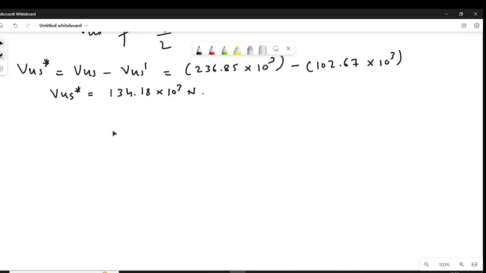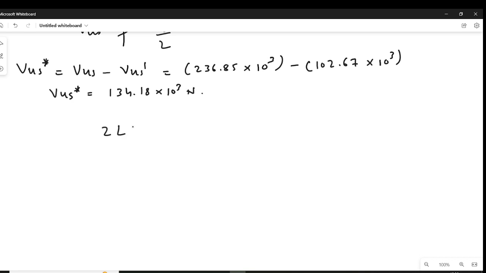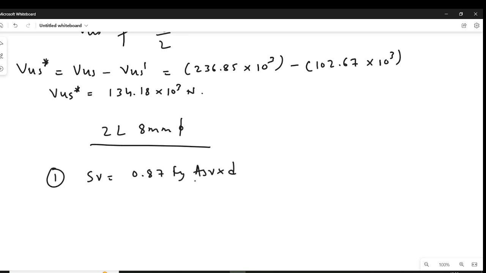Now we have to find the spacing of the vertical stirrups. For that, first we have to assume what vertical stirrups we are providing in the beam. So we'll assume that we are providing two-legged 8 mm bar. Most of the time you will be providing this as shear reinforcement. Number one, spacing Sv equals 0.87 Fy Asv into d divided by Vus star.